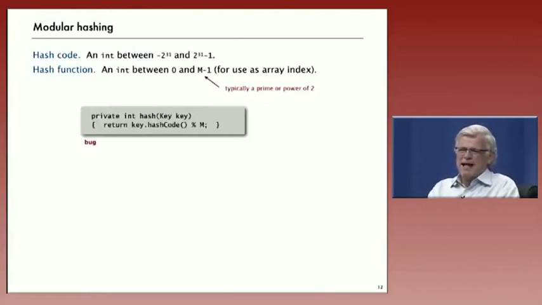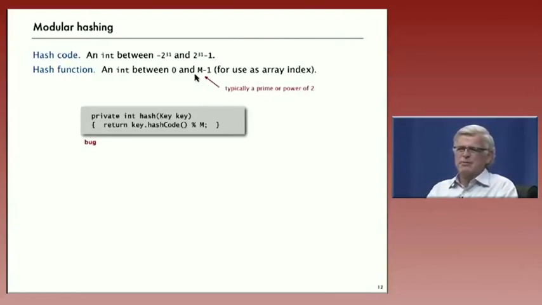Now, what we get back from a hash code is an int value that's between -2 to the 31st and 2 to the 31st minus 1. Now, what we need is, if we have a table of size m, an array of size m that we're going to use to store the keys, we need an int value between 0 and m minus 1.